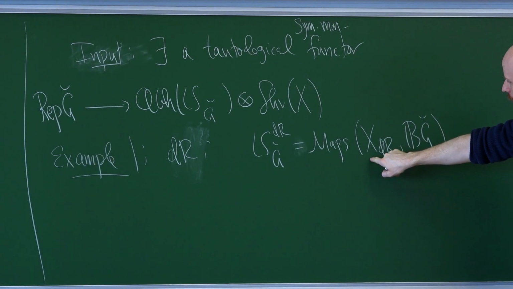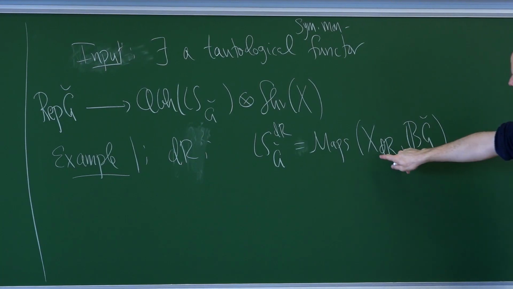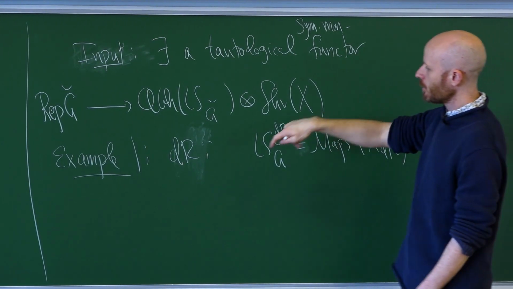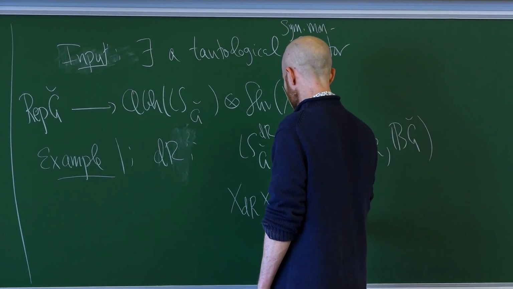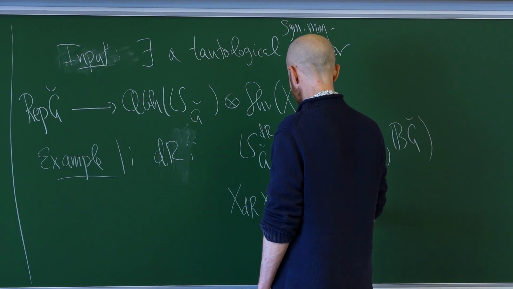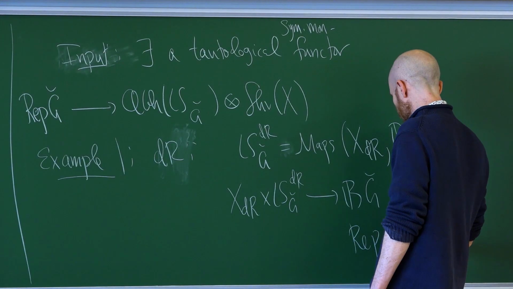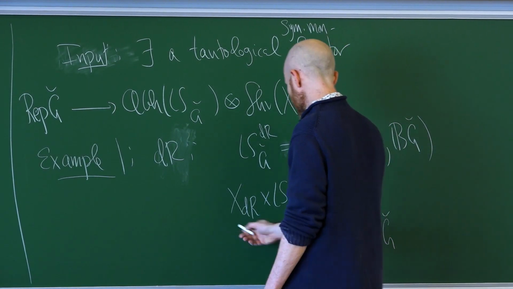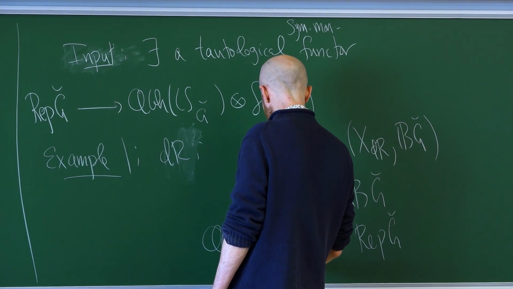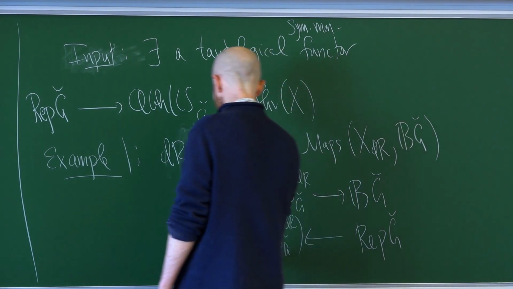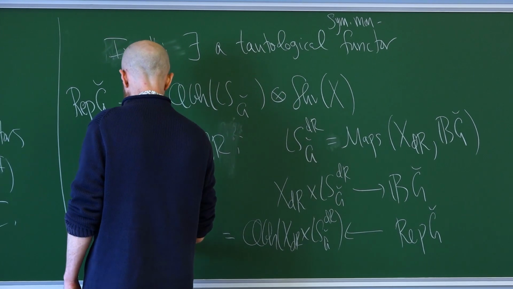This is the space where you take X and identify infinitesimally close points, and it's designed so that quasi-coherent sheaves on it are D-modules on X. That tells you there's a canonical map to here, and then by pullback, you get a map from representations of G check to QCoh of X de Rham times LocSys G check de Rham.